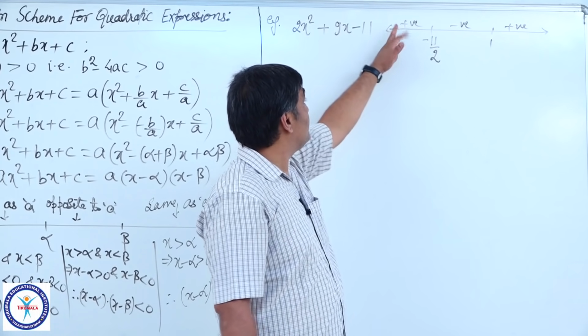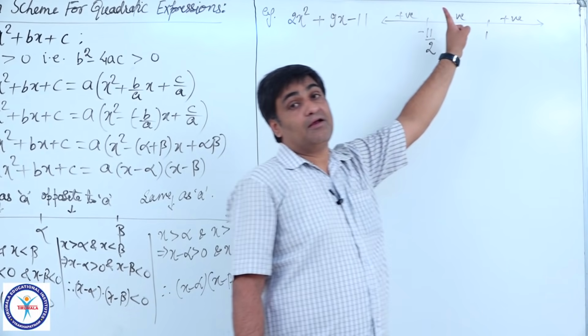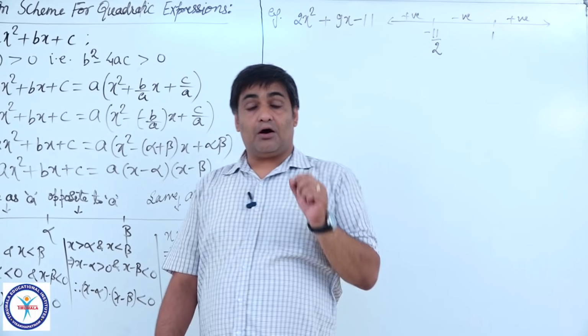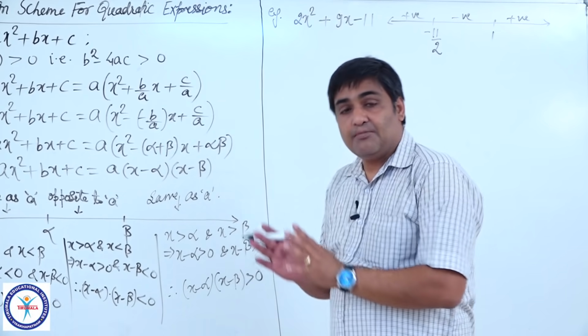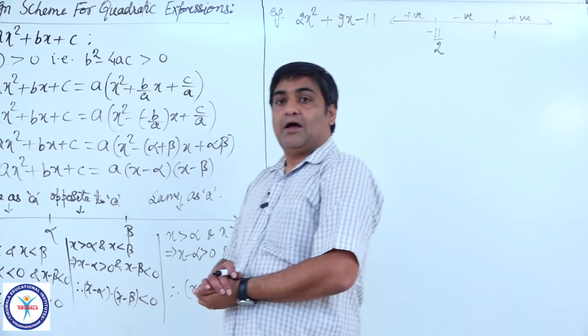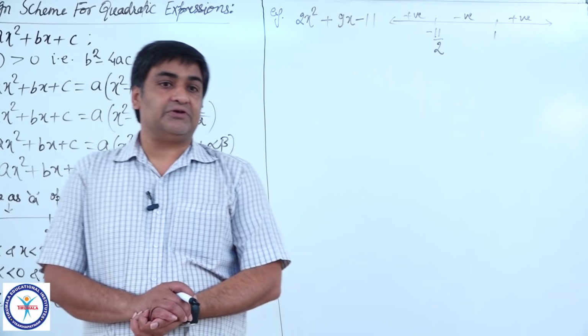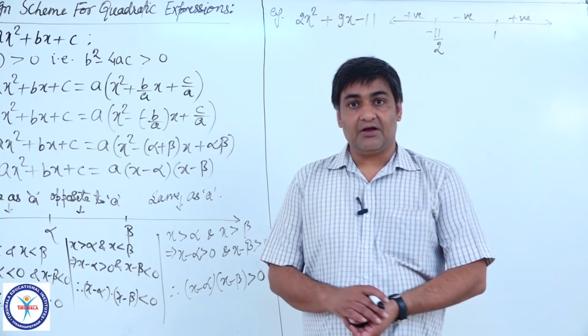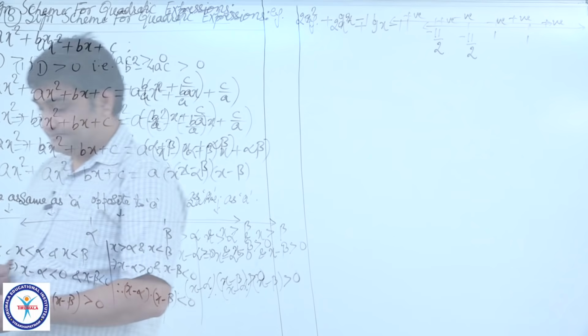Same as A outside the roots, opposite to A in between the roots. Always remember, in between the roots, sign is opposite to A, and outside the roots, the sign of the expression is same as A. Okay?